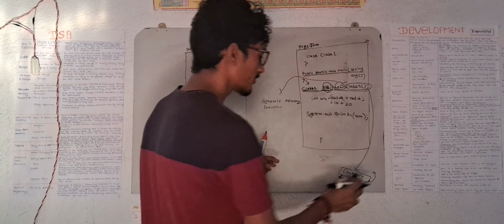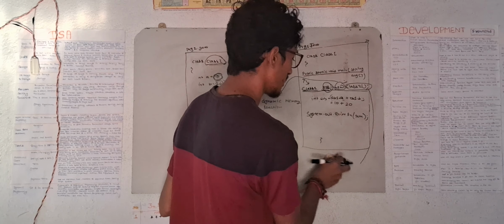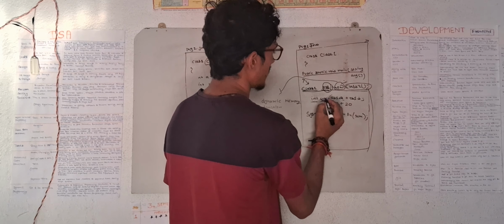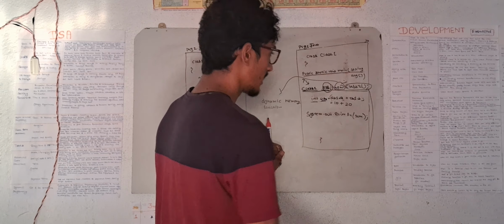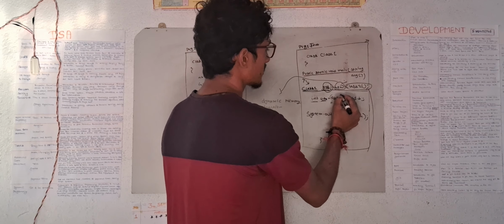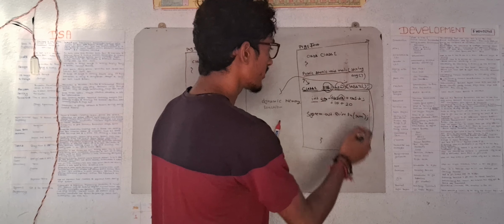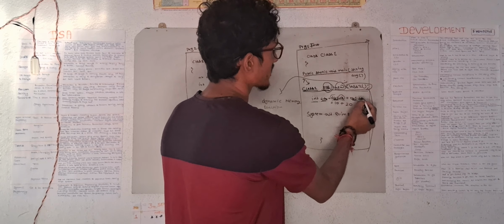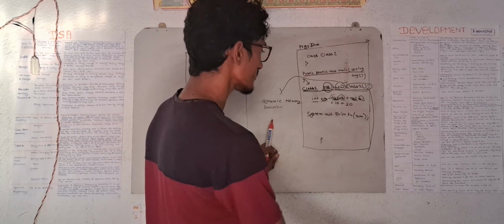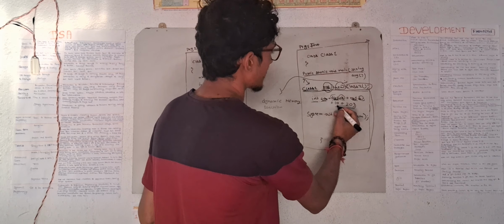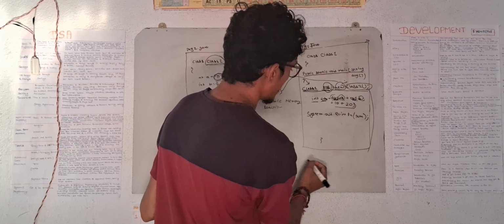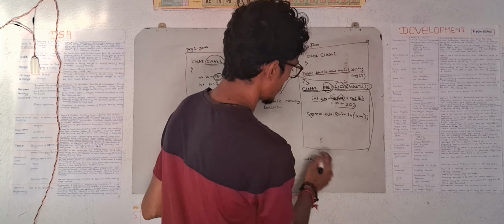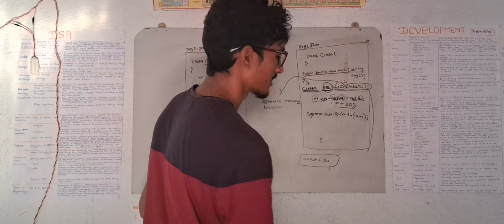After that, int sum. Then it comes to ob1, and the value of a comes from your ob1 object, and the value of b from the same object. It calculates 10 plus 20 is 30, and your output will be 30. So this is your answer.